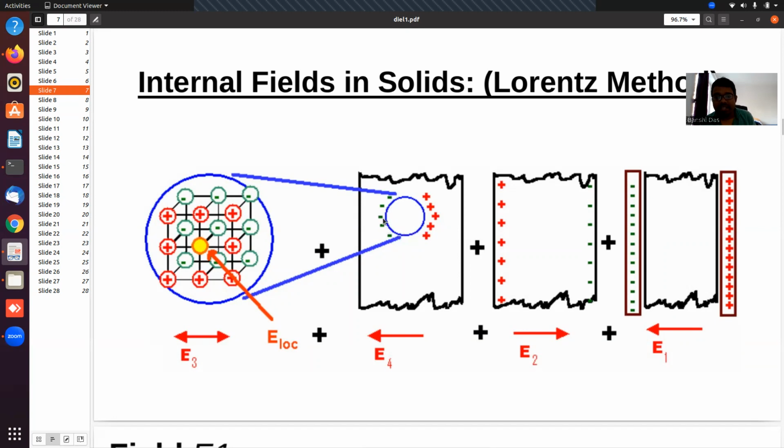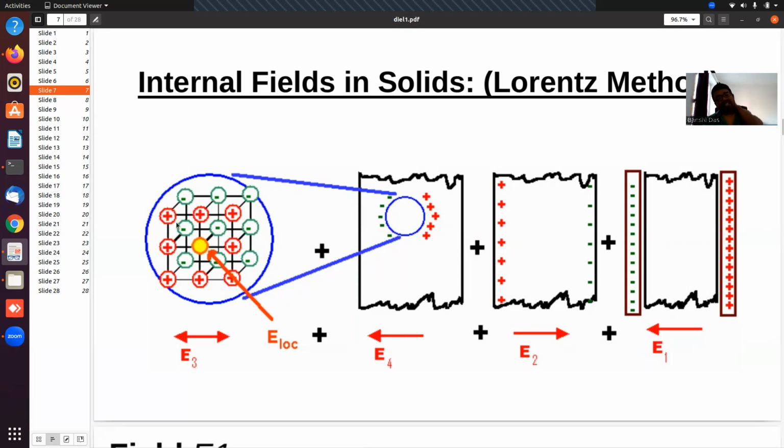Around that there is an induced polarization due to this charge separation. Because of the negative charge there is a positive induction, and due to the positive charge there is a negative induction. So this is the induced electric field, and one more electric field will be there. This is due to the local charge distribution.